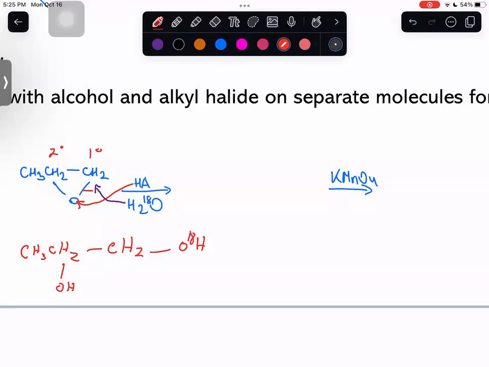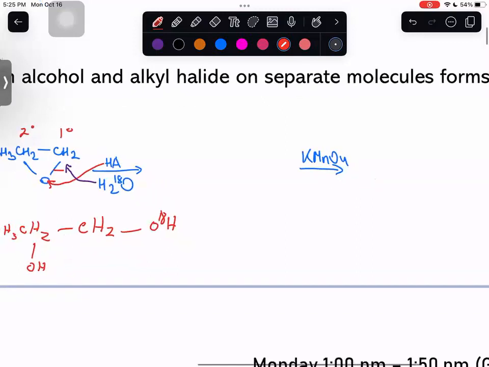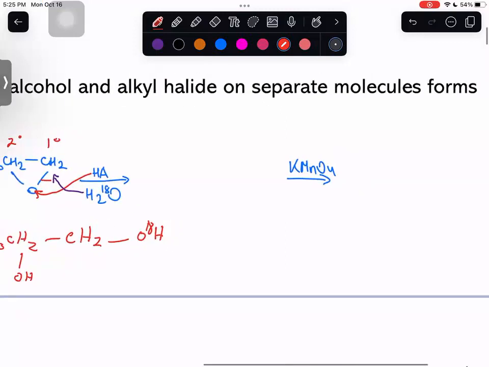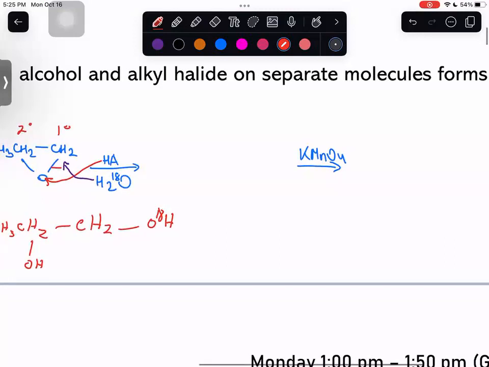Let's assume that it's just room temperature, you only have to worry about one temperature.